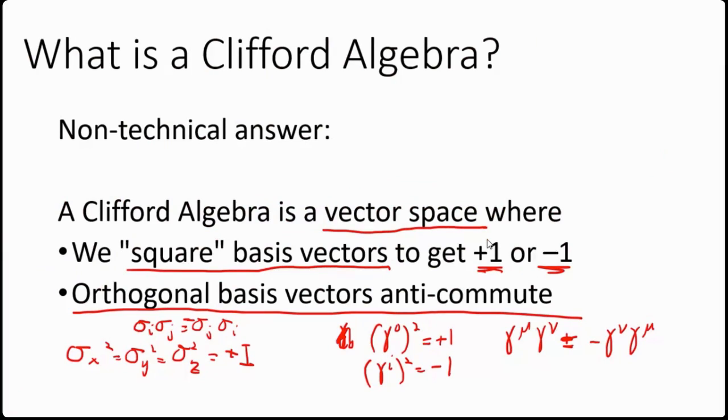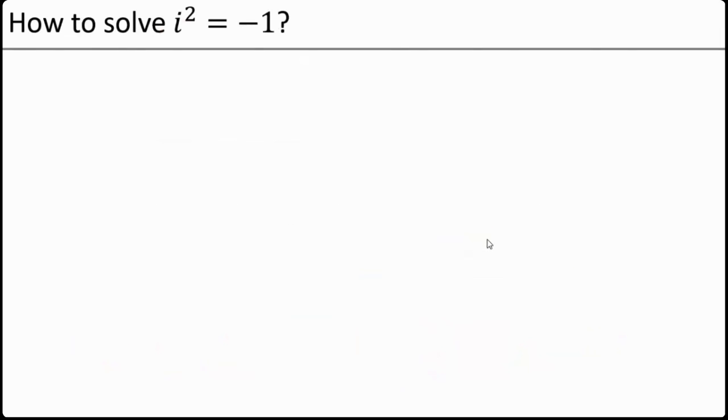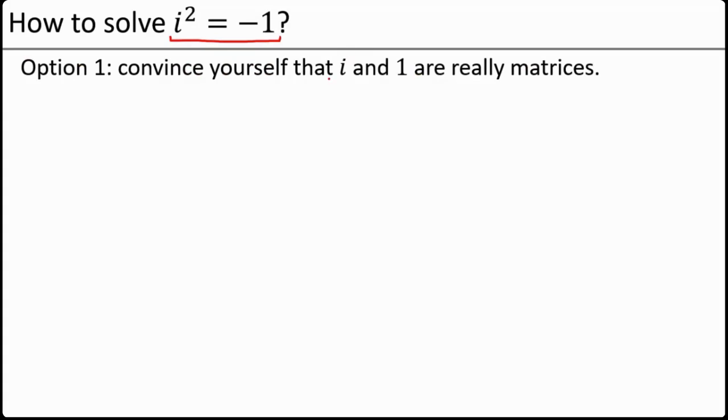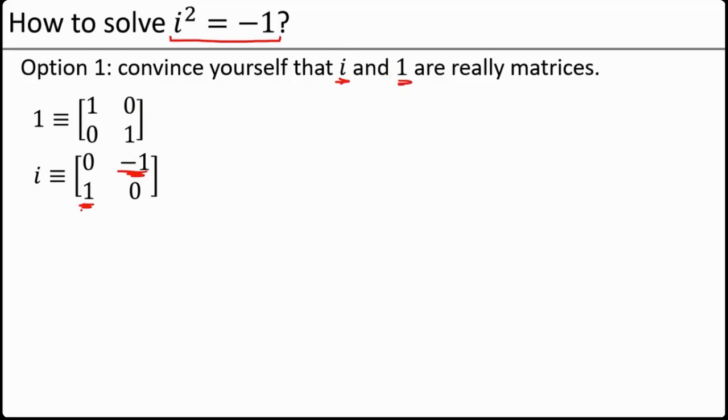To make this a bit easier to understand, I'm going to go back to something more basic. Let's say that someone gives you i squared equals -1, and asks, how do I solve for i here? One option is to convince yourself that i and the number 1 are really matrices. 1 is really the identity matrix, and i is really this matrix here where we have a -1 and a 1 on the off-diagonal terms.